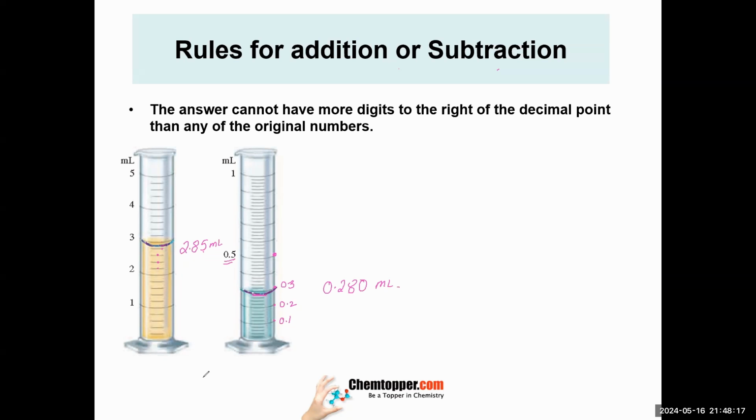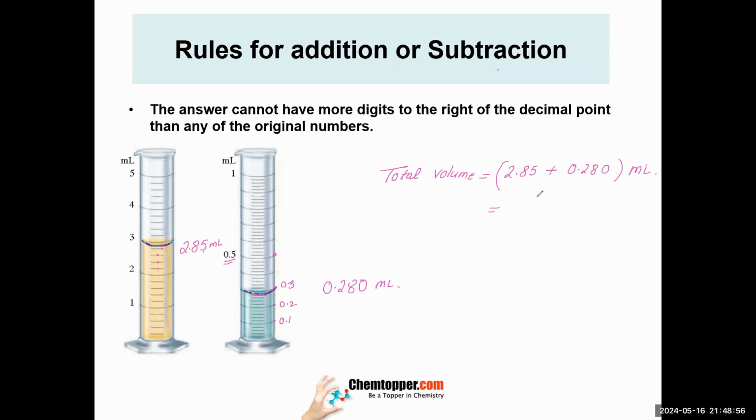Now you're mixing these two volumes. So what's the final volume? The total volume will be 2.85 plus 0.280 ml. Here, using that rule of decimal points, I have to express my answer up to only 2 decimal places.